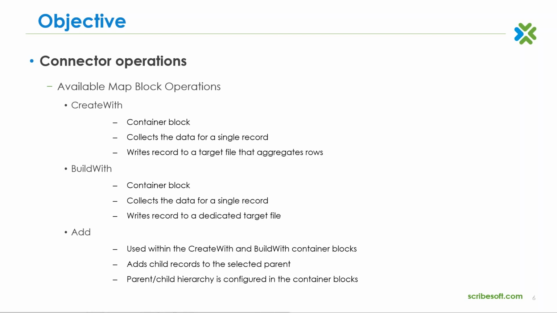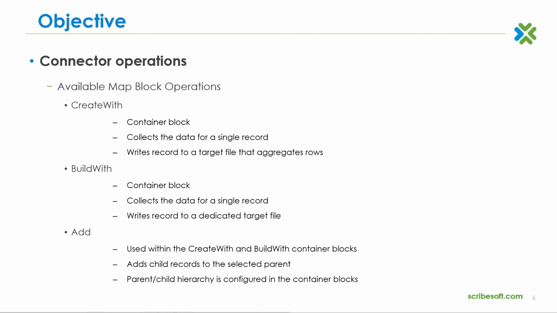So in a create with that's going to create an order, you're going to have an add block that's going to add your lines, and it's going to cursor through the lines from the source, adding each one to that target message before it kicks it off to add to your XML message, or create the new XML message if you're using the build with block. So we'll look at that in our demo shortly.